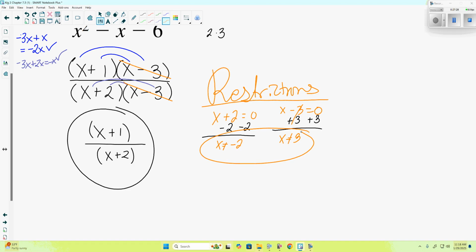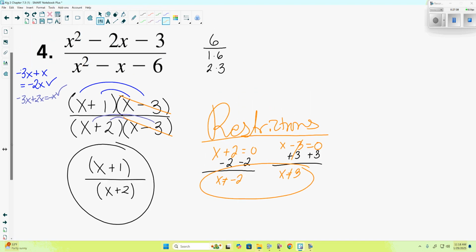So again, most of this, especially with our expressions, really revolves around factoring. Factoring the top, factoring the bottom, and simplifying from there. And here, when we factored the numerator and got the x plus 1, x minus 3, it gave us a big hint at what the bottom is going to be. Because either we're using 1 and 6 or 2 and 3.